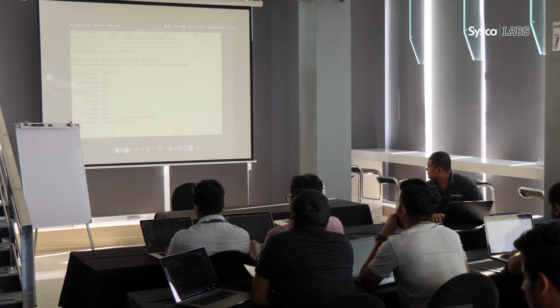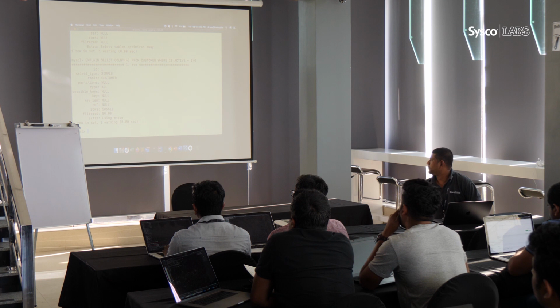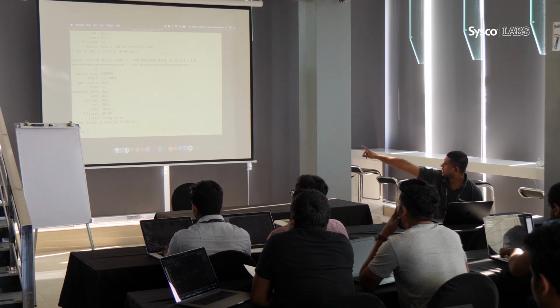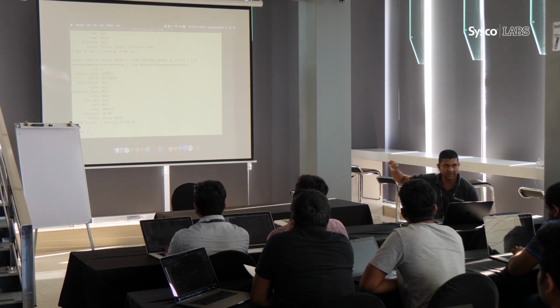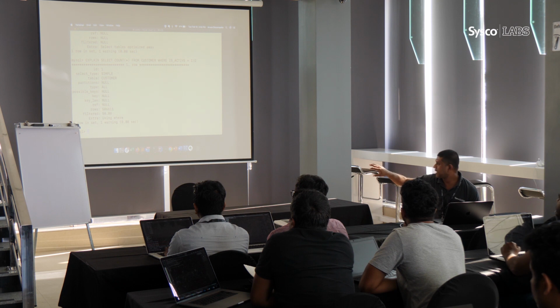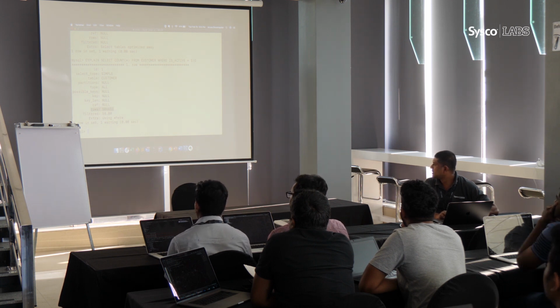Let's try a different way. So now this gives some details about the select type, the table name, the possible indexes that can be applied, and more importantly, this field: how many records are being analyzed to fulfill this particular request.